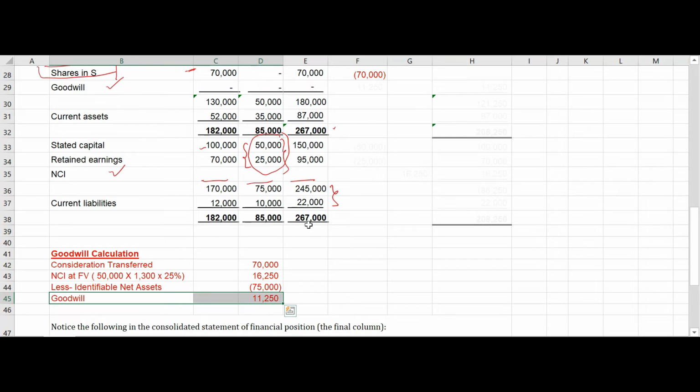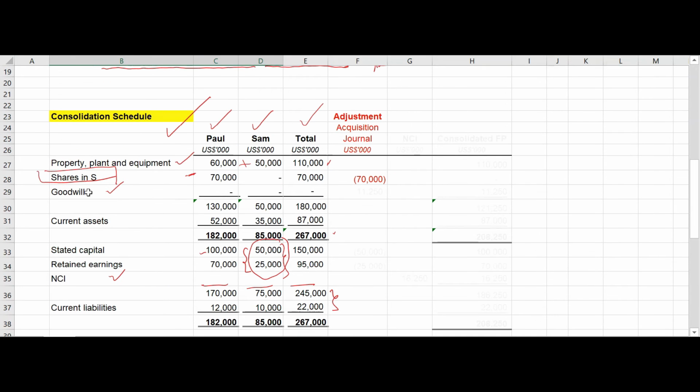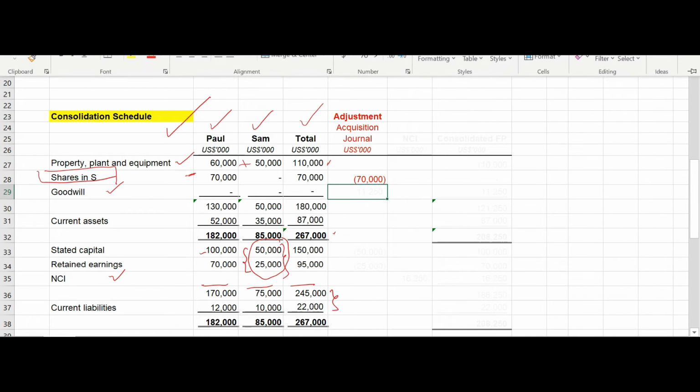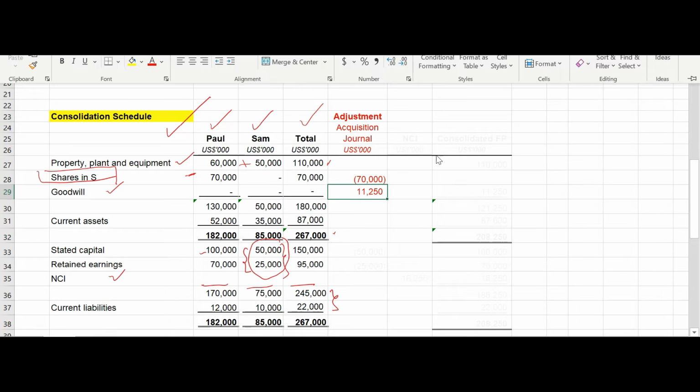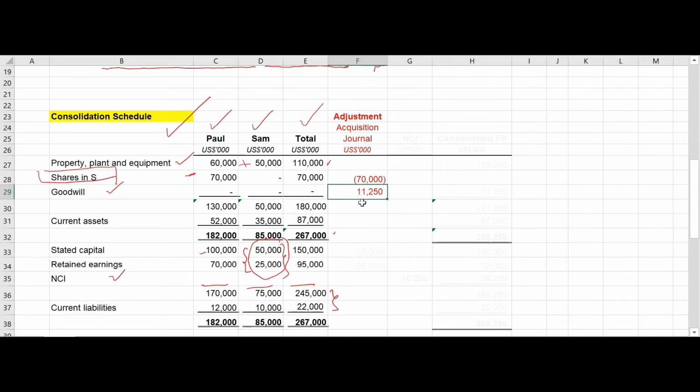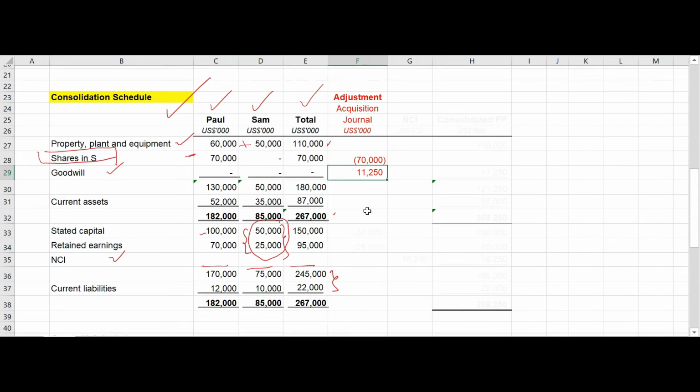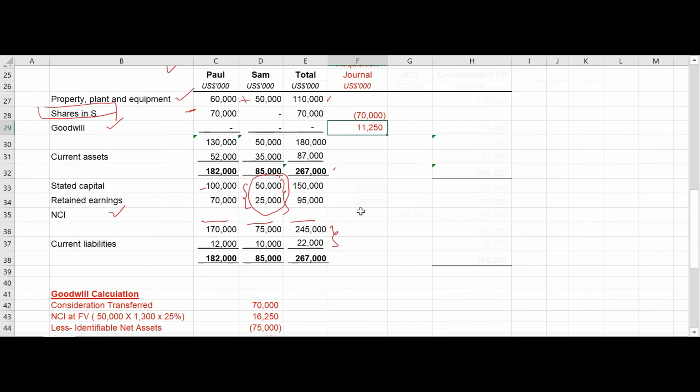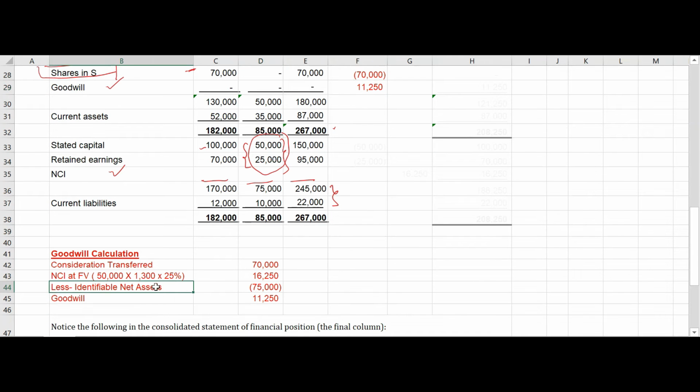Okay. So that goodwill has to be shown in the consolidated financial position. So goodwill in consolidation has to be shown in the consolidated financial position. So therefore you need to show this under adjustment column 11,250. Then since we are removing the net assets, we are comparing with the amount invested.